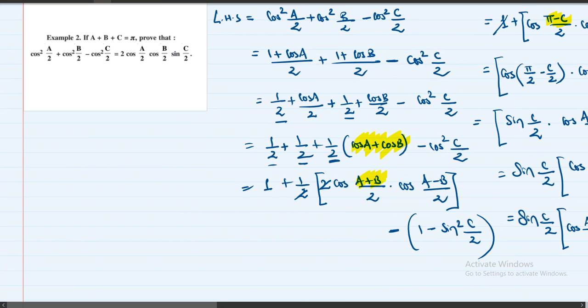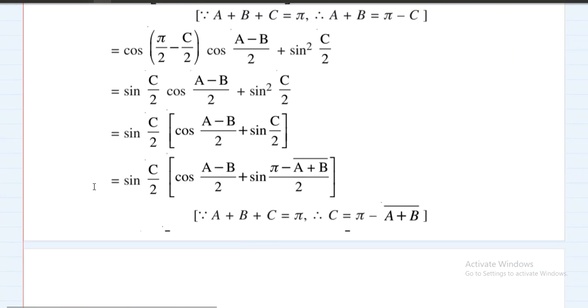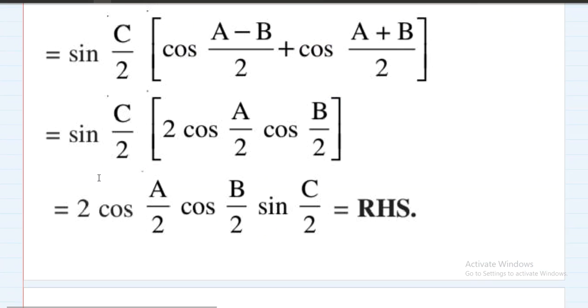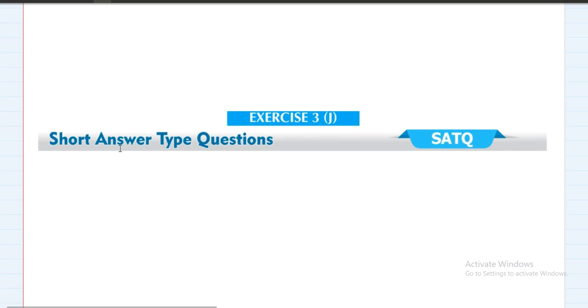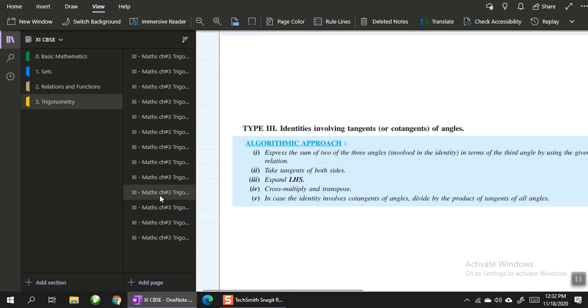Very interesting. Conditional trigonometric identities. It has a pattern in which you can get lost, but if you get your hands on it properly, you can easily get through it. Yeah, so that was the second part, type 2 part of conditional trigonometric identities.